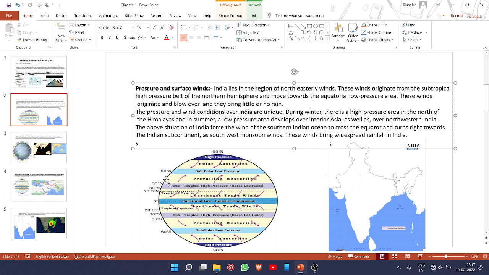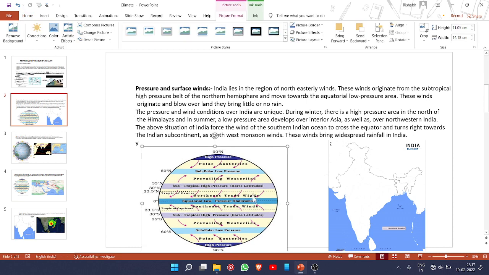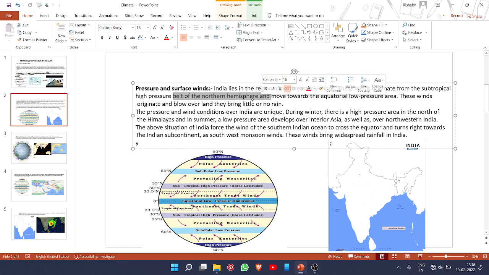It goes up to 37 degrees. Means most of India is in the tropical region, where northeasterly wind is common. The second important thing is these winds originate from the subtropical high pressure belt of the northern hemisphere.